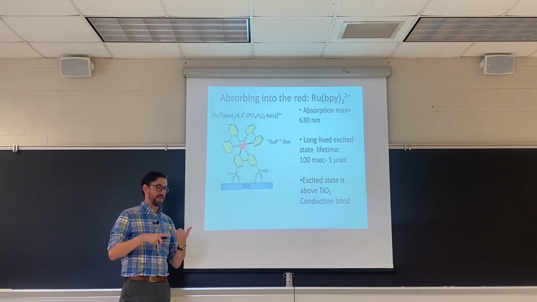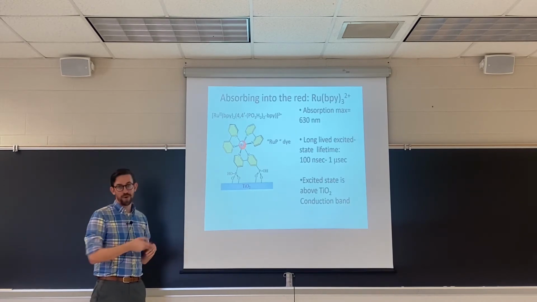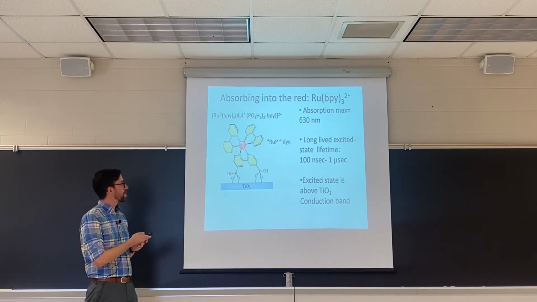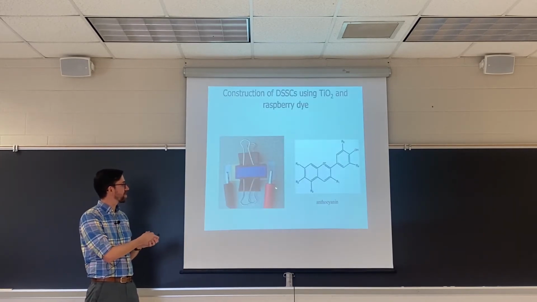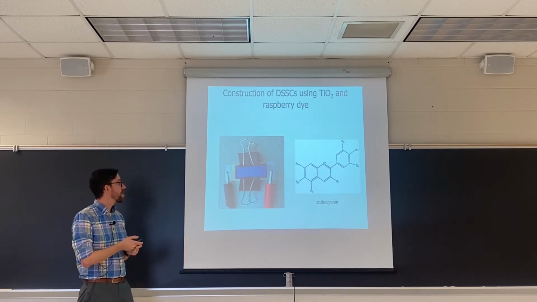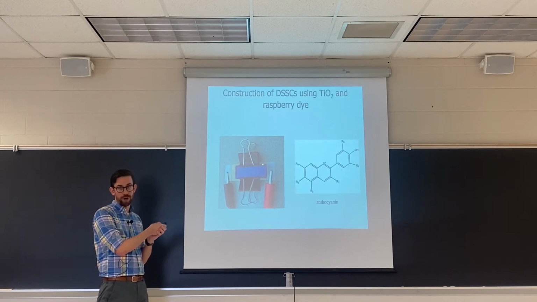However, in the interest of green chemistry, where we're trying to not use these rare inorganic metals, we're looking for more natural dyes. So for our research, we are going to use a dye molecule called anthocyanin that's found in raspberry juice. So instead of this bright orange, our devices have this purple color that comes from this anthocyanin dye.